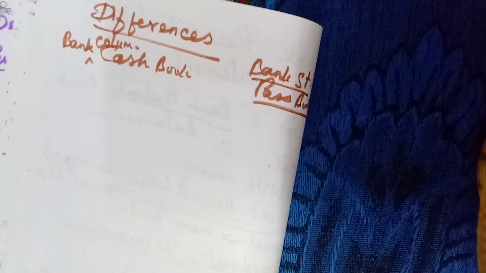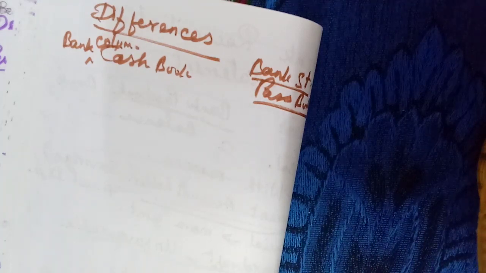If the bank is asked to do some service, they will charge some amount as bank service charges. Once they receive the amount or make the payment, they will enter in the passbook.